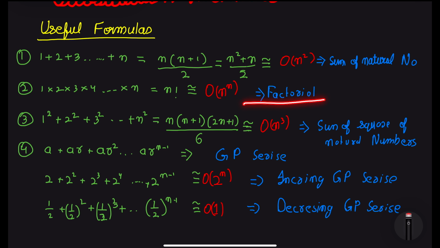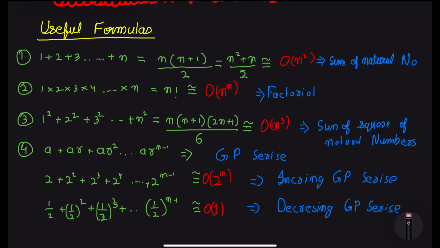Next is factorial, which is the multiplication of numbers from 1 to n. So here we have 1 into 2 into 3 into 4 up to n, which can be written as n factorial, and we have seen n factorial is nearly equal to n raised to the power n. So when we encounter a pattern like factorial, we can assume it equal to big O of n raised to the power n.